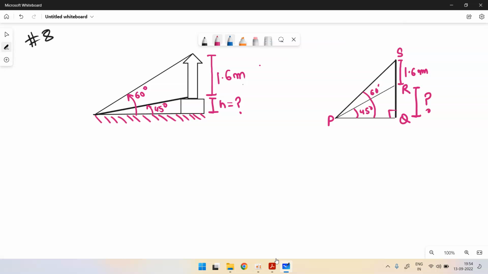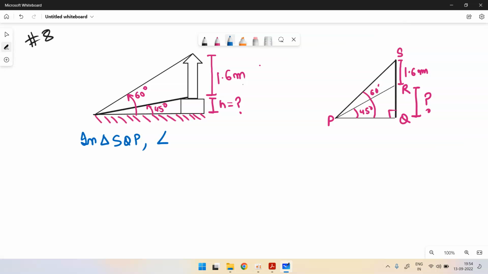Now you can see that in triangle RQP you don't know this, you cannot find it. So let me rewrite it as triangle SQP.